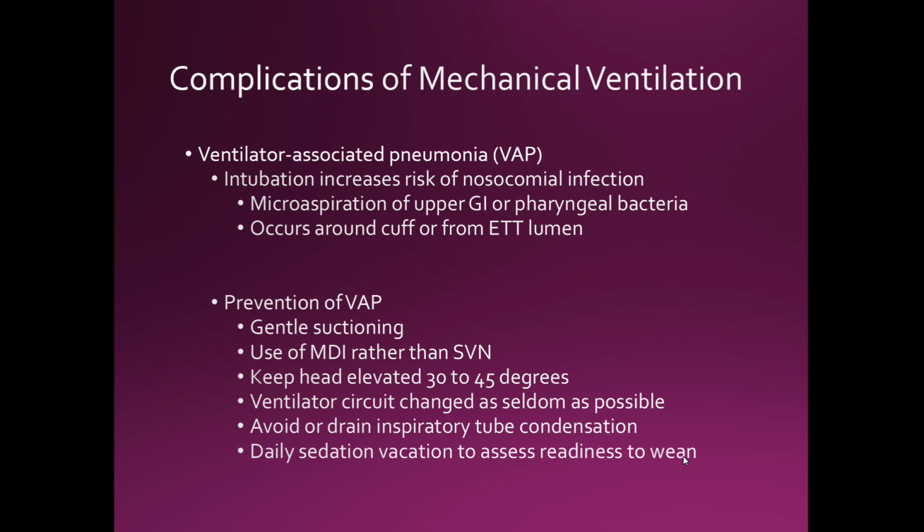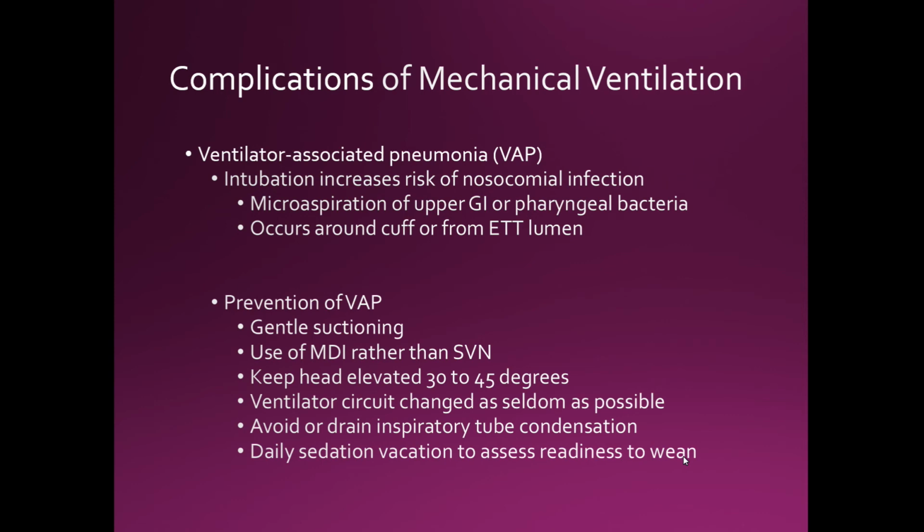All right, so with VAP, it is most likely going to be picked up in the hospital. Now you have some microaspiration of upper GI or pharyngeal bacteria. So basically, it's more of the infected phlegm going into the lungs.